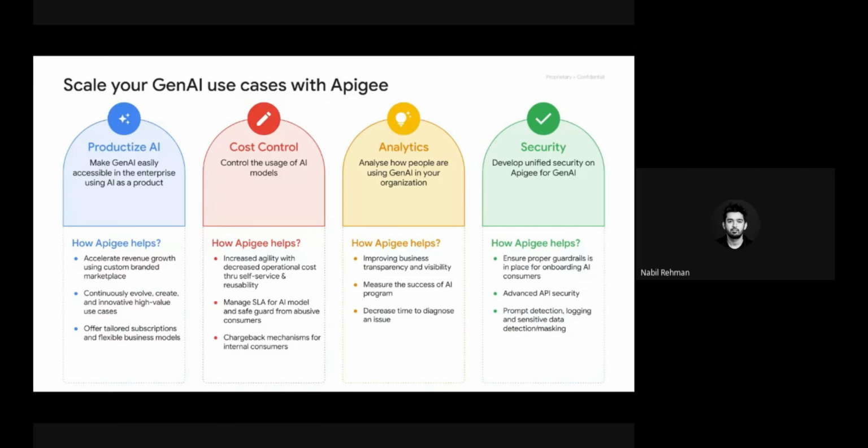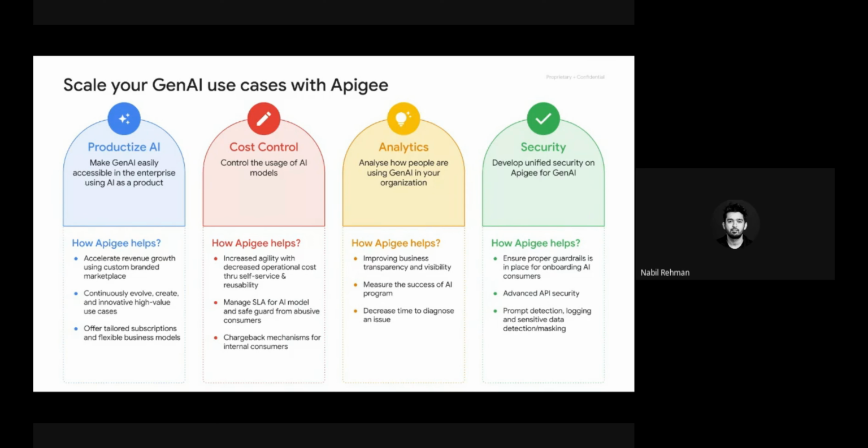Some of the problems that could be solved if you're exploring generative AI is, number one, as a producer of this generative AI API, how easy it is for me to publish this API. So Filippo talked about API products. As an AI person, I might not be that much aware about how to publish this onto a marketplace.